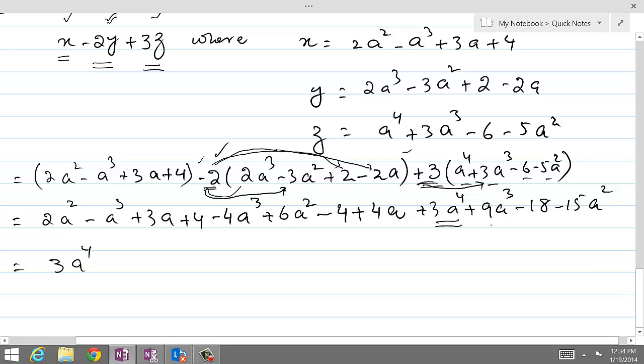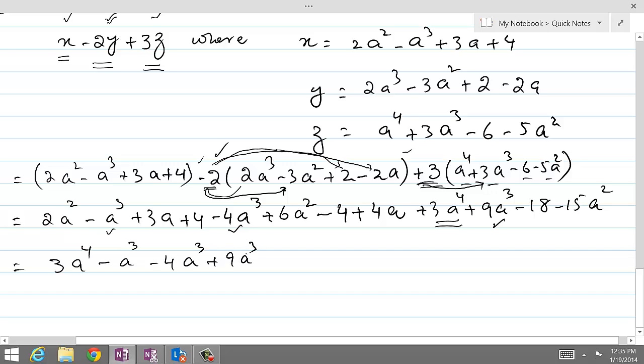This term here, this term here, and this term here, all these three terms have a cube. Therefore we are going to write them: minus a cube, minus 4a cube, and plus 9a cube.